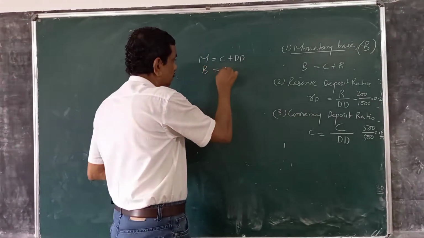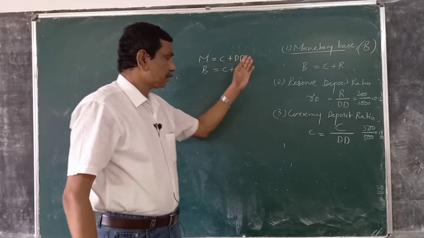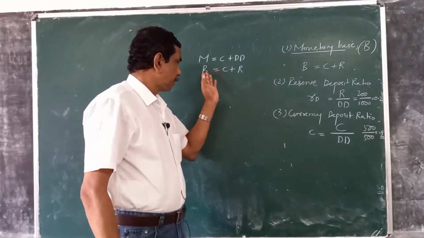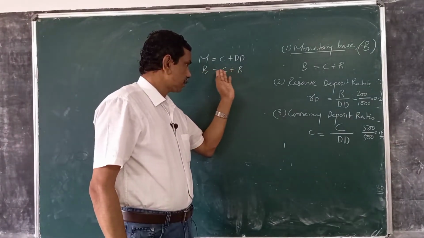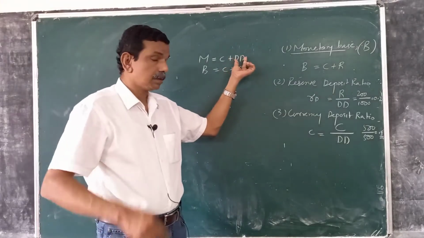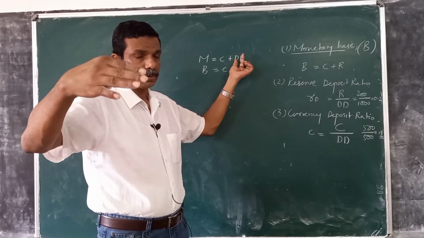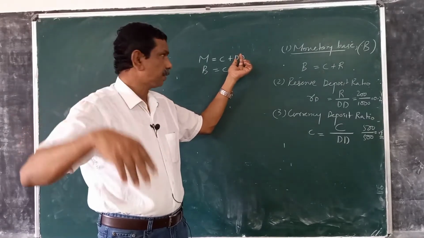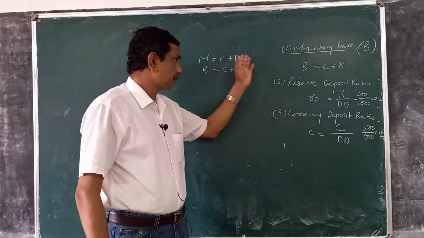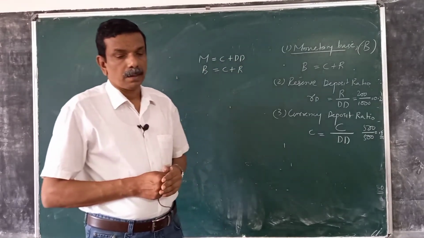Monetary base is equal to C plus R. Money consists of currency and demand deposits, and B, the monetary base, consists of currency plus reserves. Demand deposits in the next section will be decomposed into various components. For the time being, demand deposits only. We will not consider any other thing. So currency plus demand deposits, monetary base is C plus R.